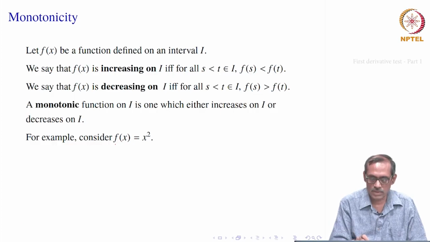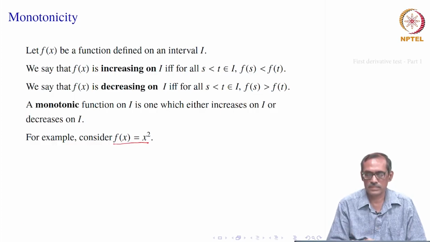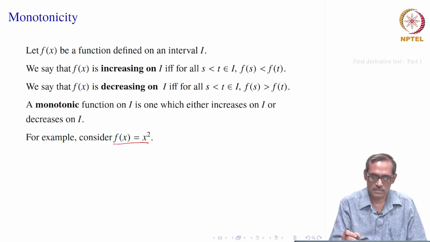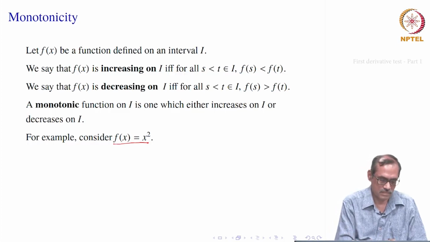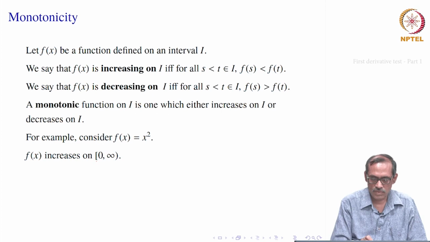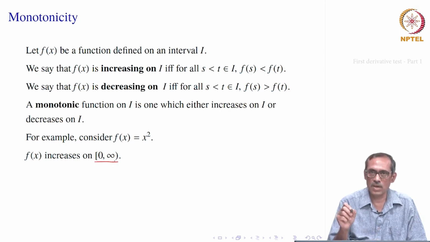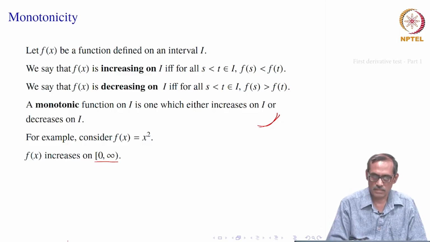For example, suppose you take f(x) equal to x squared. It is defined on the whole of R. At 0 it is 0, but when x is negative, x squared is positive, and when x is positive, it is also positive. On the right side of 0, that is for all non-negative numbers, x squared looks something like this, so it increases.